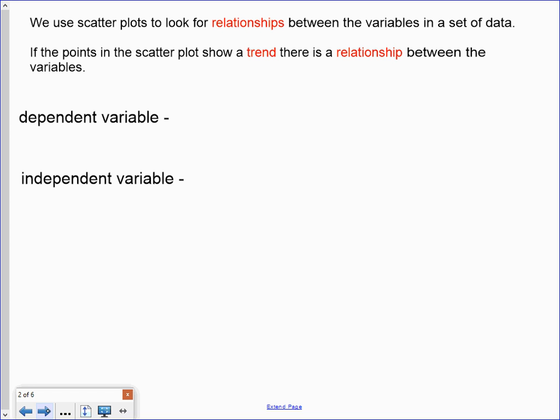Now, we always have two variables that we're working with, and we're always going to call one of them the dependent variable and the other one the independent variable. And it's important to make this difference at the beginning so you can get your scatter plot set up correctly. The dependent variable depends on, or is sort of determined by, the independent variable.